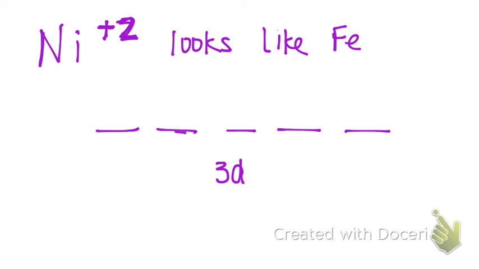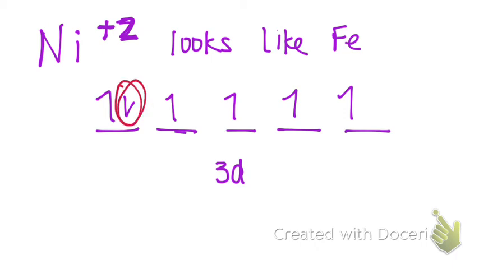So you could solve it that way if you wanted to. If I was going to do nickel, let's just think about nickel by itself right now. It's 3D8. I would go 1, 2, 3, 4, 5, 6, 7, 8. But I've got 2 less electrons than I need, so I'm going to take away those last 2. That leaves me with nickel plus 2, which means I'm looking at this one, which is 3D6, essentially iron. So that means I'm looking for this guy right here.